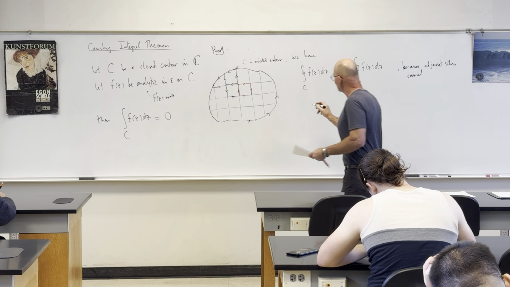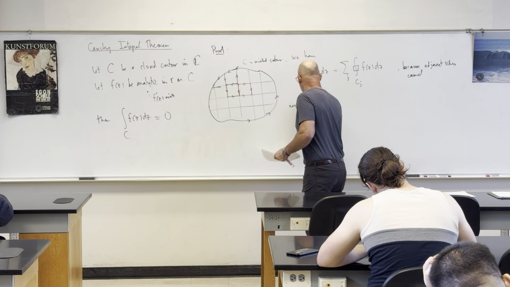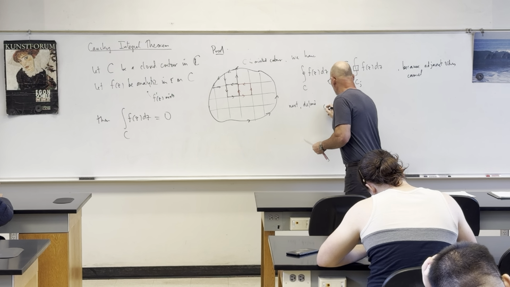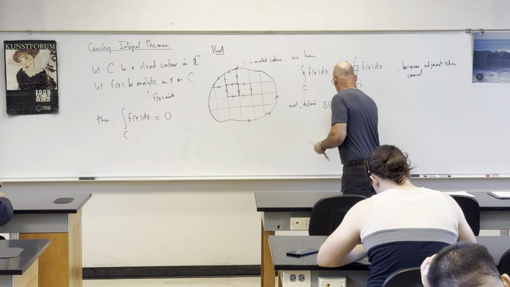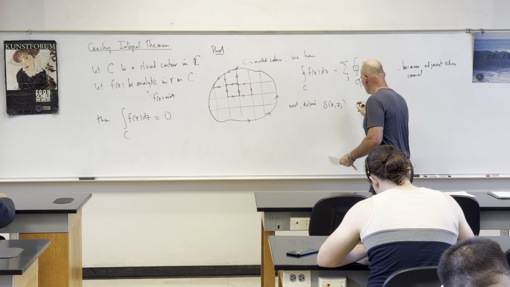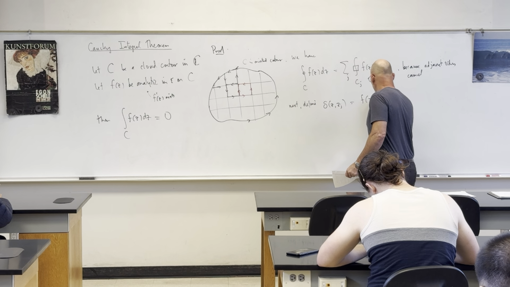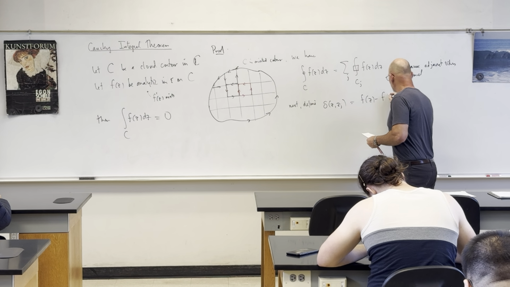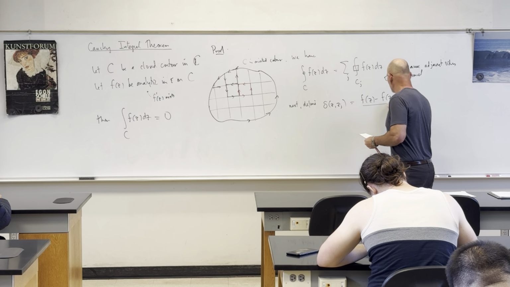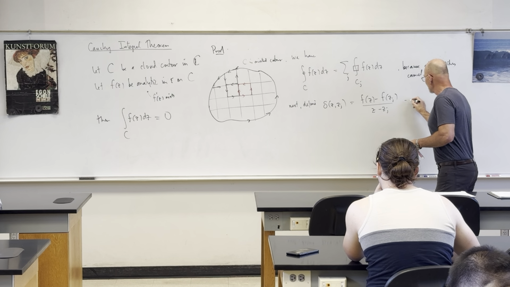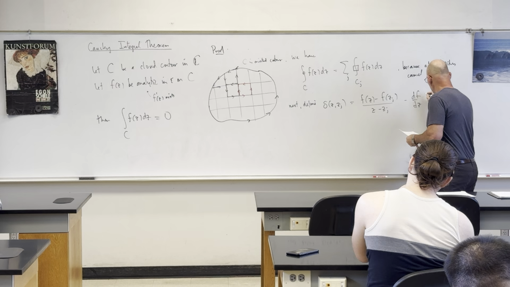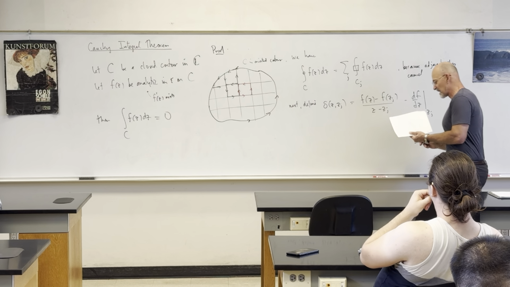Next we're going to define a function, delta of z and z sub j, equals f of z minus f of z sub j, over z minus z sub j, minus df dz evaluated at z sub j.